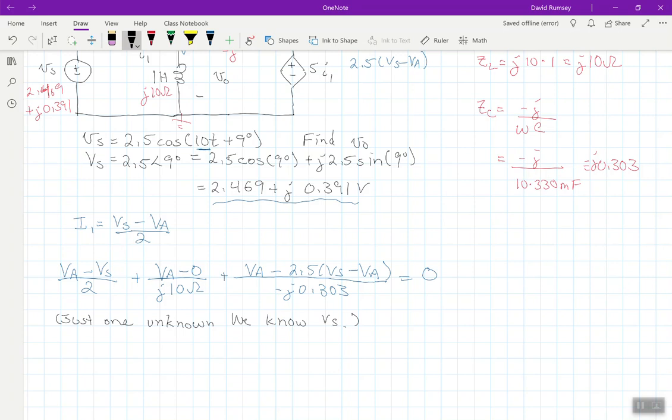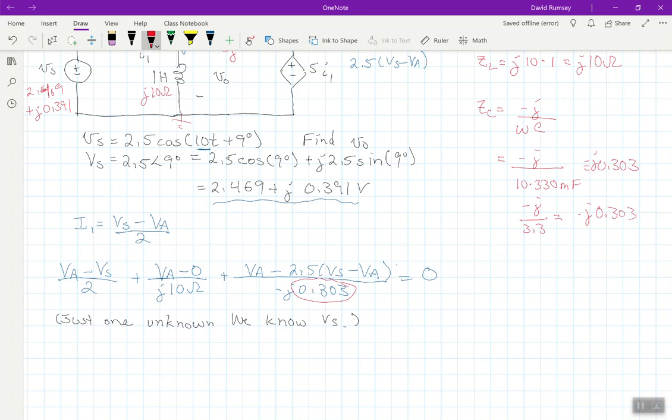Now, I'm going to do something clever on this term. Notice that I have a 0.303 in the denominator. Well, look here: minus j over 3.3 was equal to minus j 0.303.